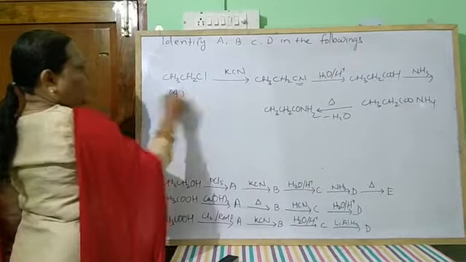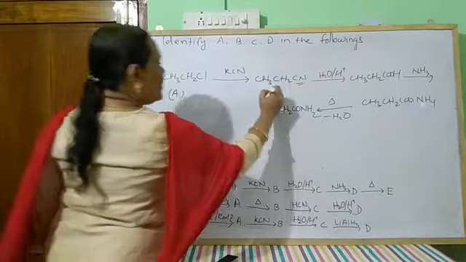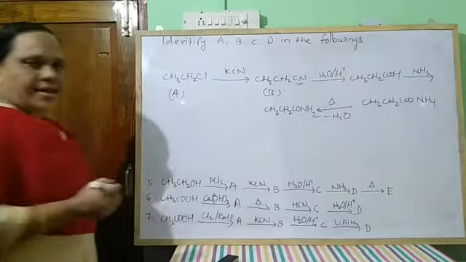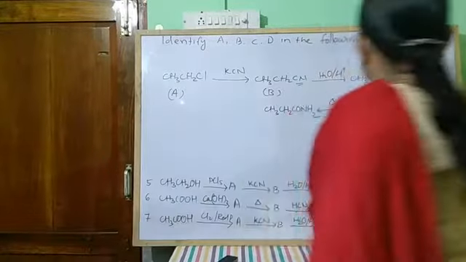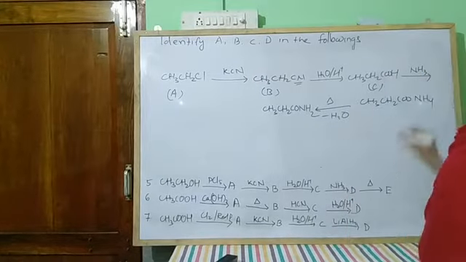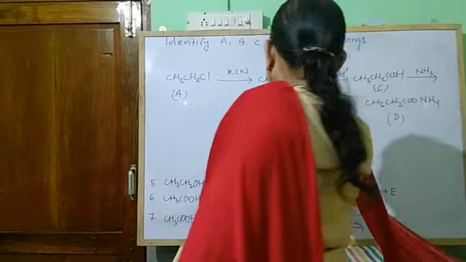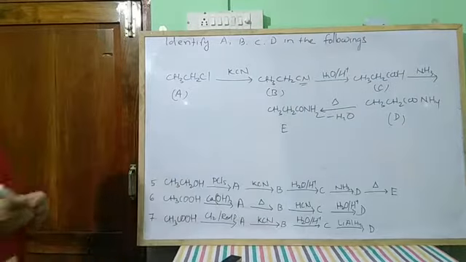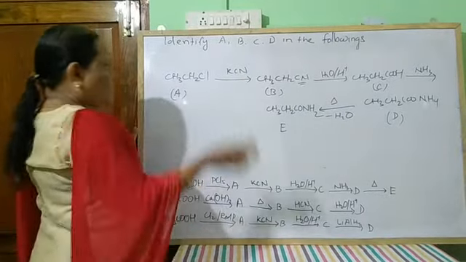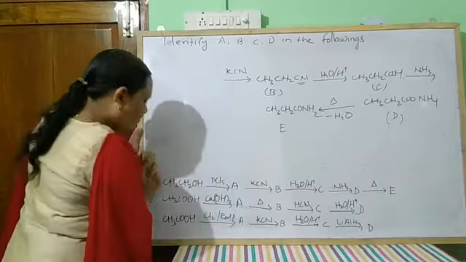Hence, A is ethyl chloride, B is ethyl cyanide, C is propanoic acid, D is ammonium propanoate, and E is propanamide. Next, come to the next question.